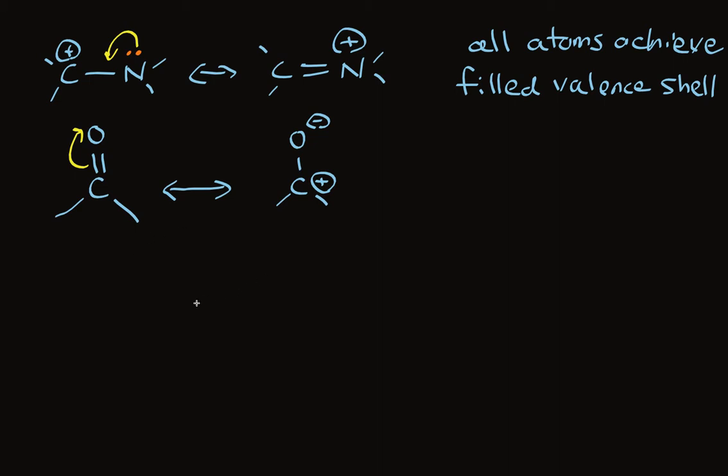And finally, there's an interesting case to talk about for resonance that we will talk about in length later, but for the sake of completeness now, so that you aren't totally surprised by us writing the structure later: in ring structures where there are alternating single and double bonds, this is a very special structure. There are two ways to write those alternating single and double bonds that are entirely equivalent.